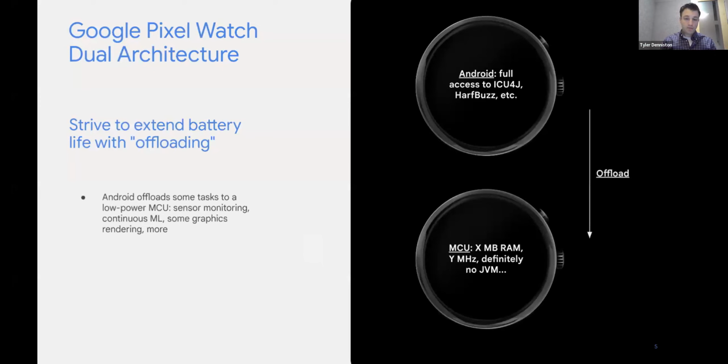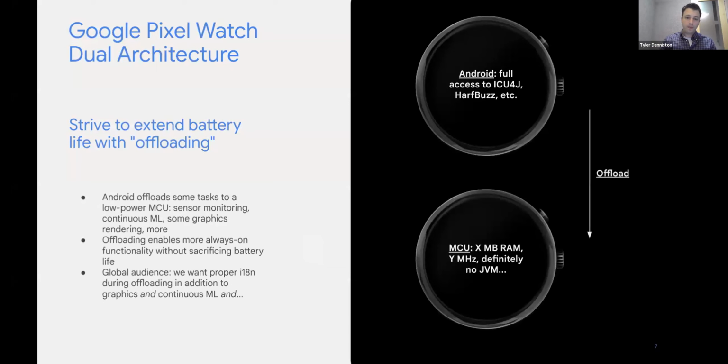There are a couple of different machine learning models that are running essentially continuously on the MCU in a low power mode. And then more specifically to this talk, there are also some types of graphics that the MCU is capable of displaying onto the screen instead of using the higher powered processor. So the goal here is to enable the watch to have more functionality that's always on and always visible to the user without sacrificing battery life.